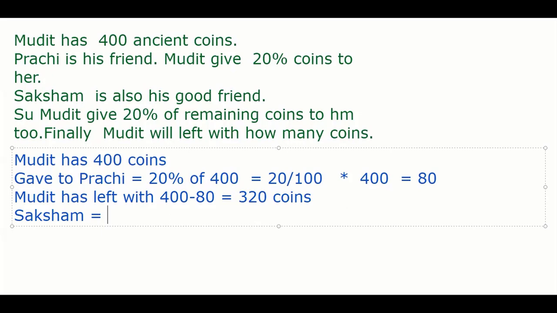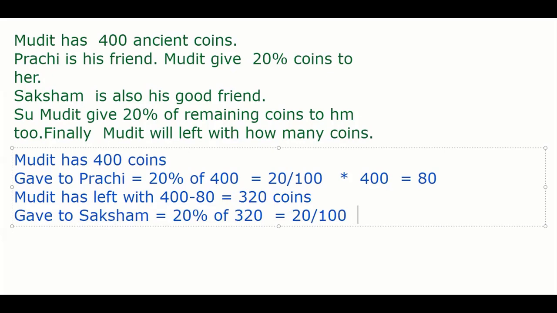Now you gave to Saksham also. Yes, sir. I gave him 20% of 320 because I'm left with that many coins. He gave Saksham 20% of 320, guys. Not 20% of 400, 20% of 320. Again, you calculate 20 by 100 into 320. Yes, sir. That's what I did. Then I got 64. Then I subtracted 64 from 320.